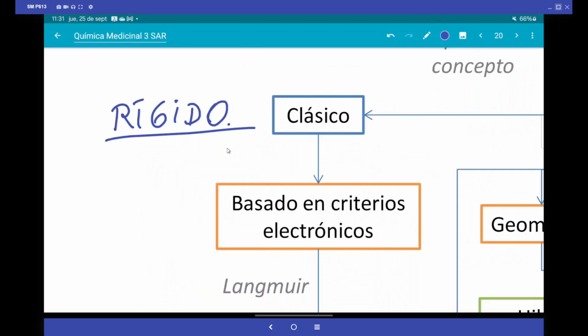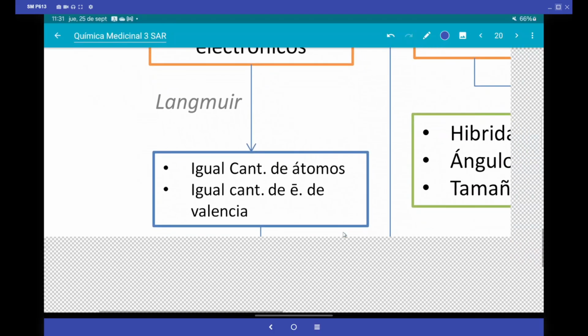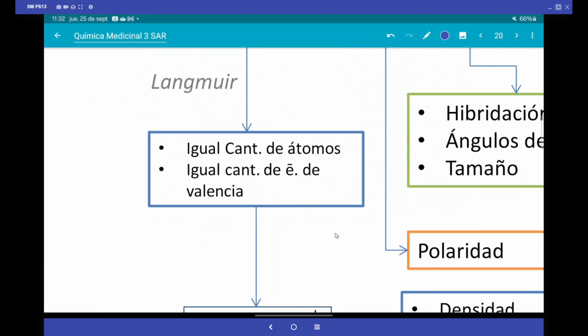Well, the classic criterion is based strictly on electronic criteria, and it was defined by Langmuir, who said that isosteric molecules are, then here we are talking about complete molecular entities, molecules that have the same number of atoms and the same number of valence electrons. That is, we are going to have isosteric molecules, for example.